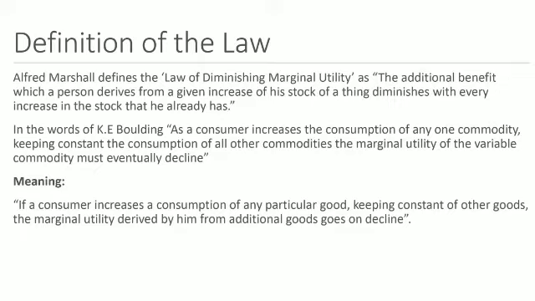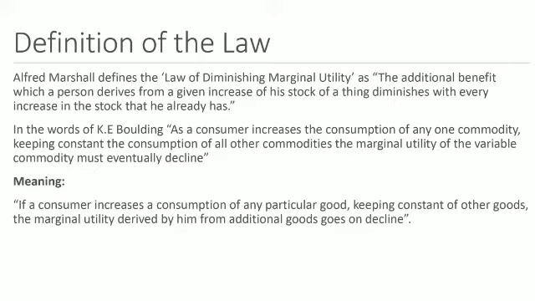In simple meaning, we can say, if a consumer increases the consumption of any particular good, keeping other goods constant, the marginal utility derived by him from additional goods goes on declining. So that is the meaning.